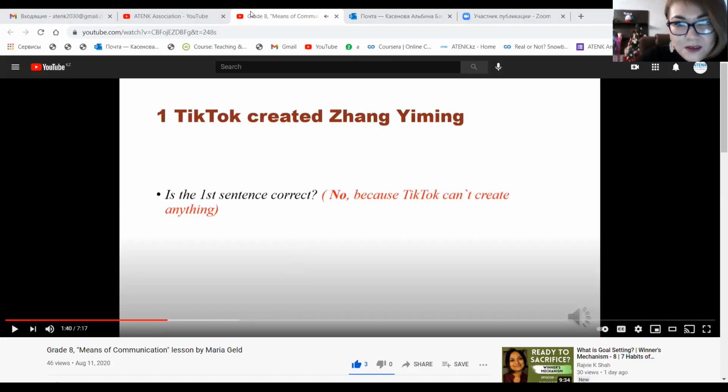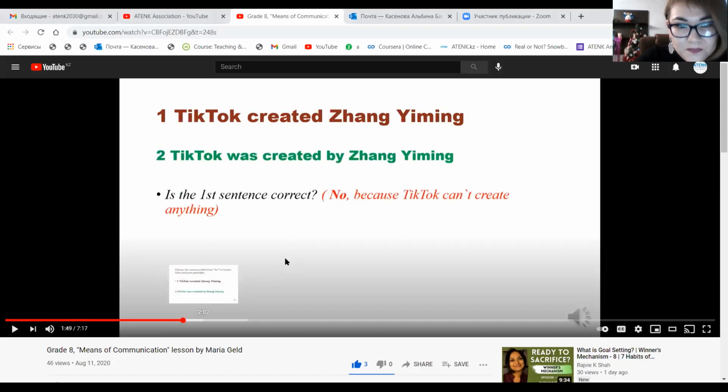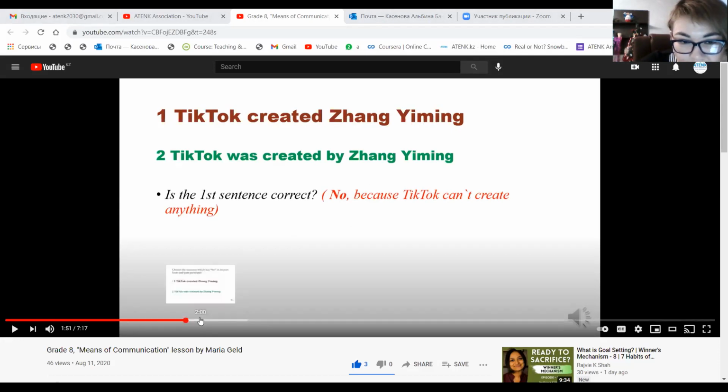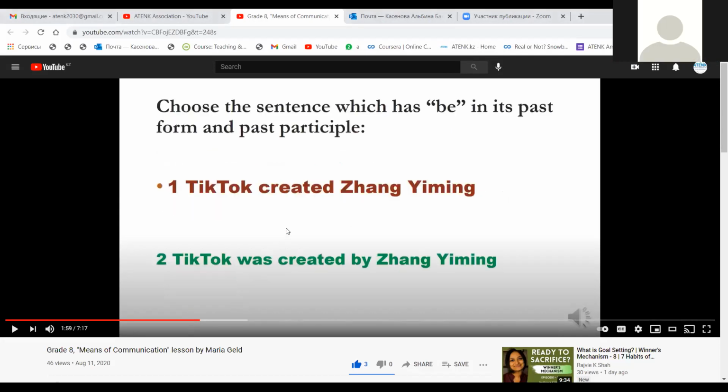Okay, so what do you think? Is this lesson an inductive way? Did this teacher try to present inductively or deductively? Albina, this is an inductive way of introducing grammar.